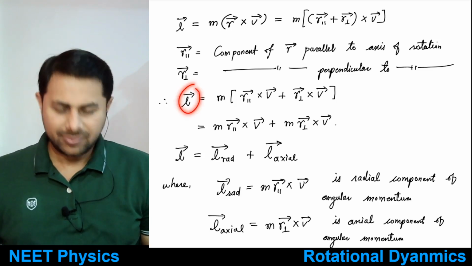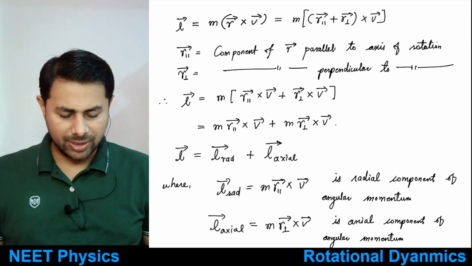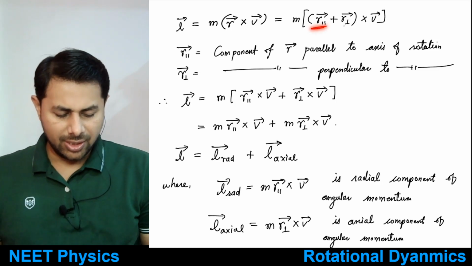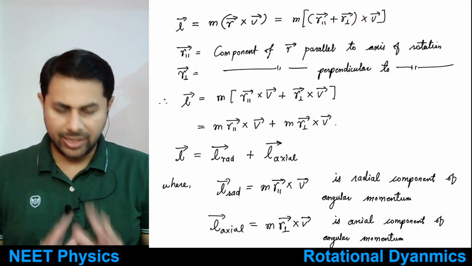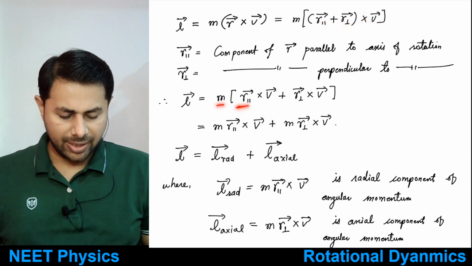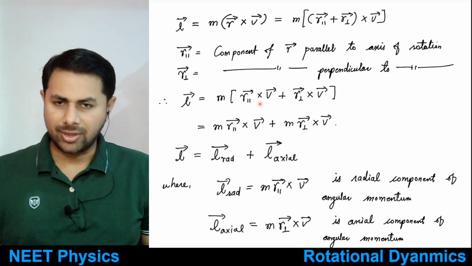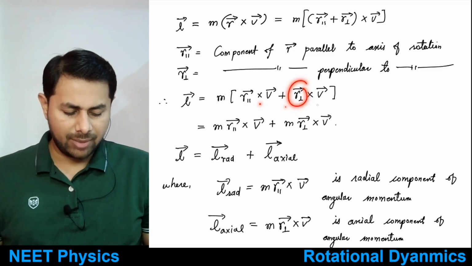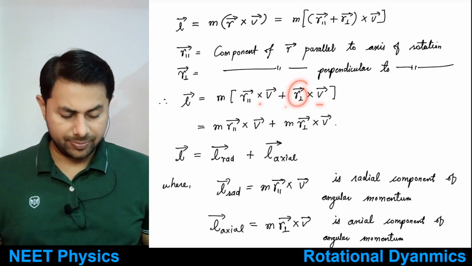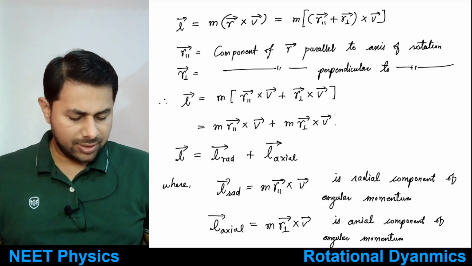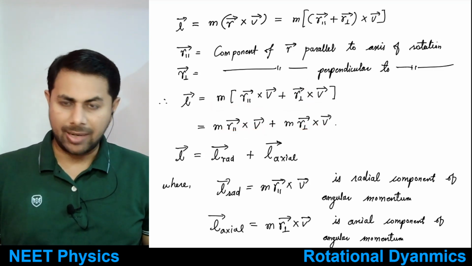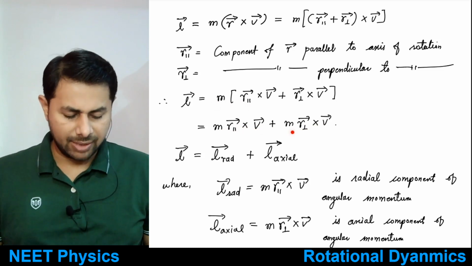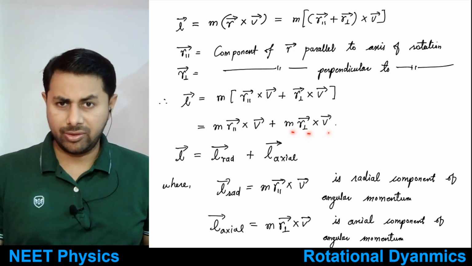So see, L bar is the angular momentum. Now we can just multiply this bracket with this v bar, so we get two terms. So m multiplied by r parallel bar cross v bar plus r perpendicular bar cross v bar, okay. And then you can multiply with m, so you get these two terms, m times r parallel bar cross v bar plus m times r perpendicular bar cross v bar.